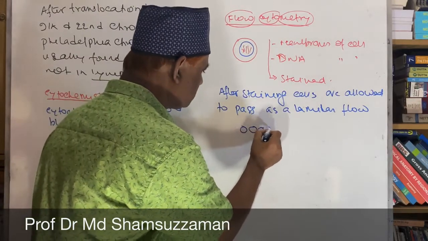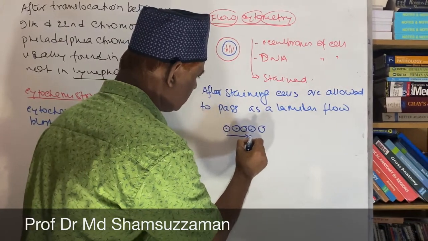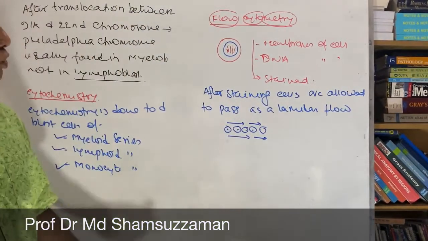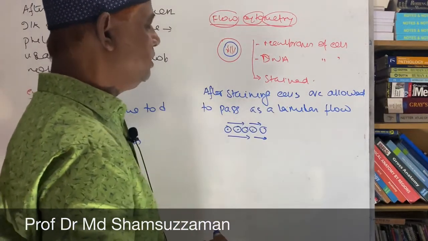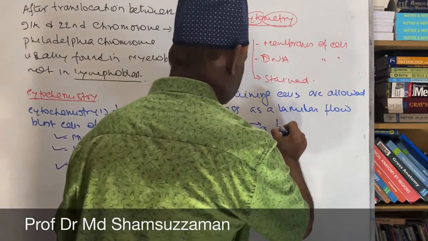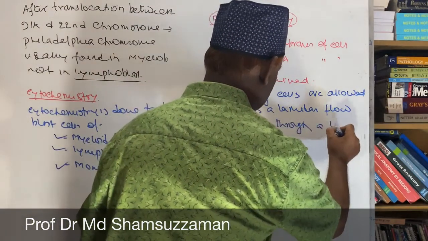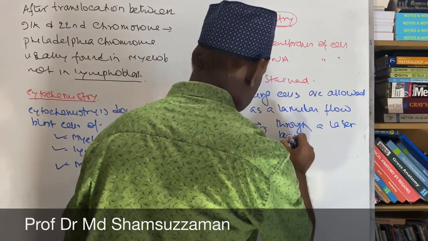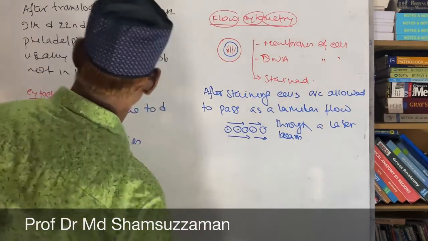Cell one after one is allowed to pass, all our cells. After staining, cells are allowed to pass as a laminar flow through a laser beam.